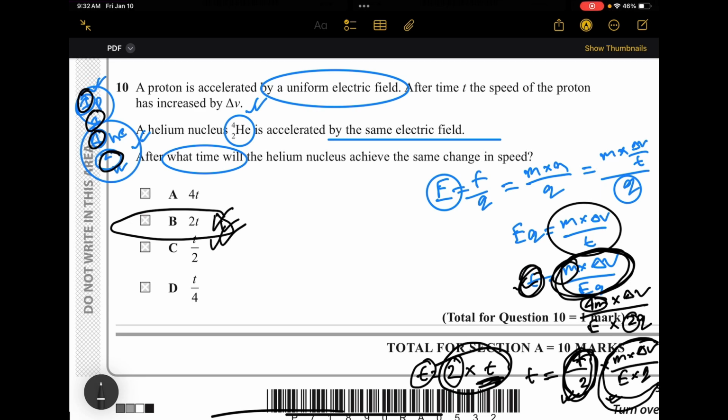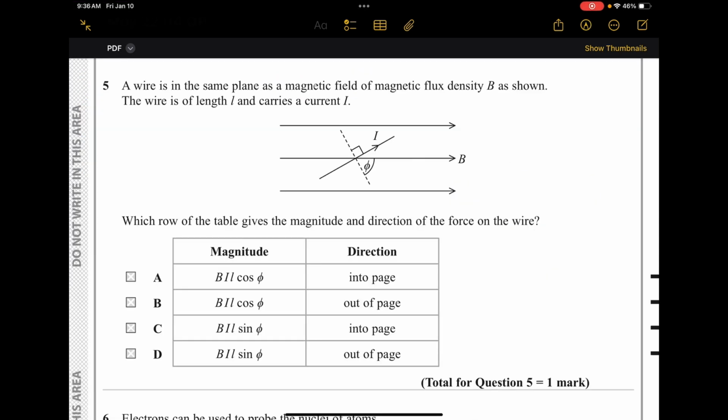Done and dusted. Alright, so let's now go through another magnetic field question. A wire is in the same plane as a magnetic field of magnetic flux density B, as shown. The wire is of length L and carries a current I. Which row of the table gives the magnitude and direction of the force on the wire? So this is the current, which is at an angle.